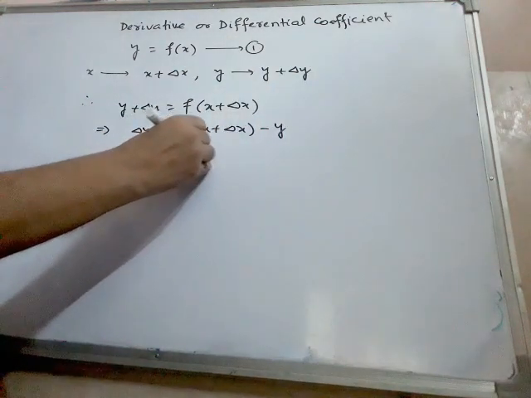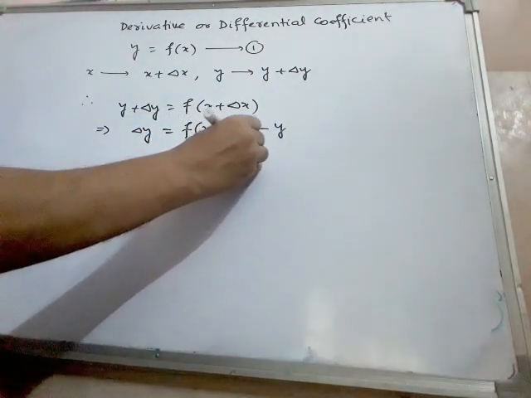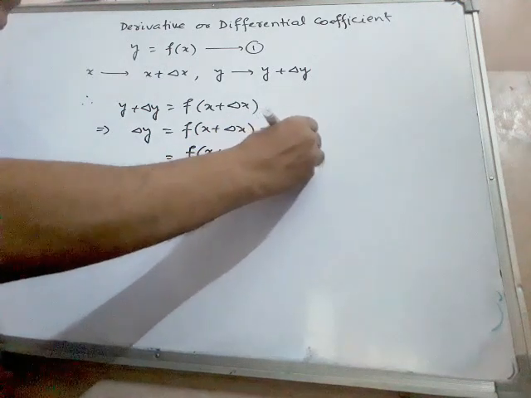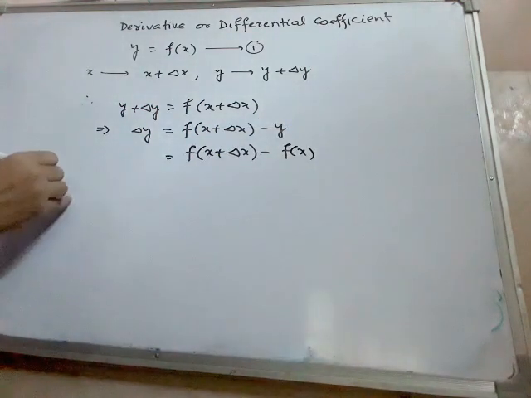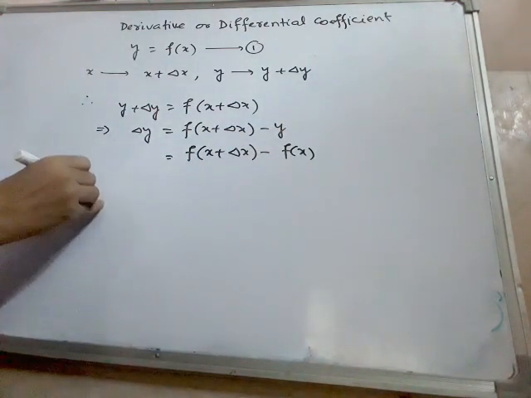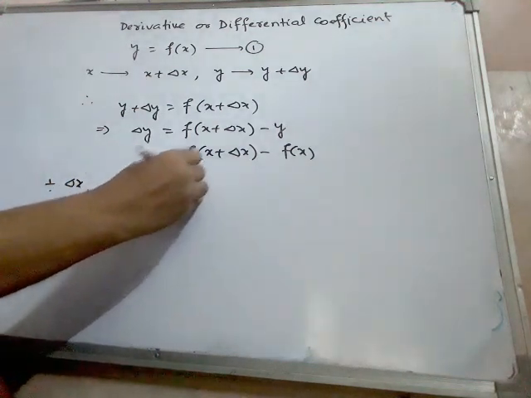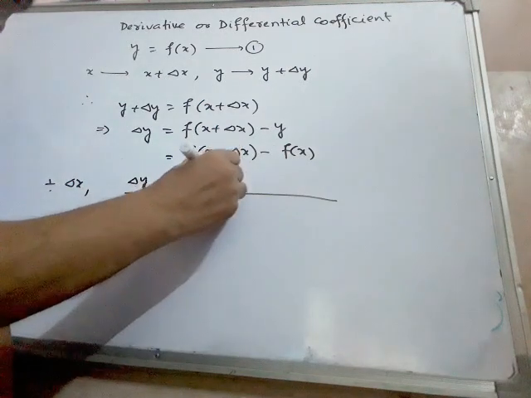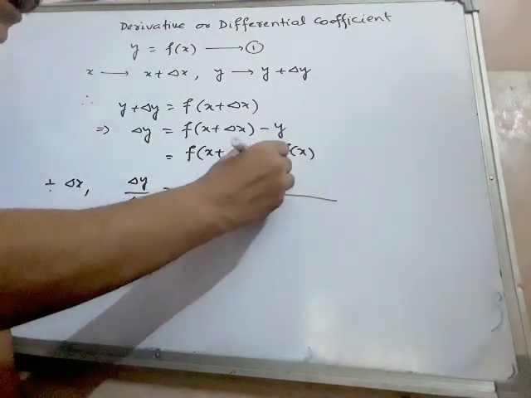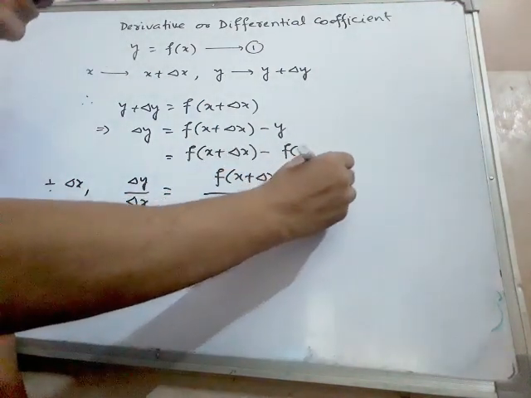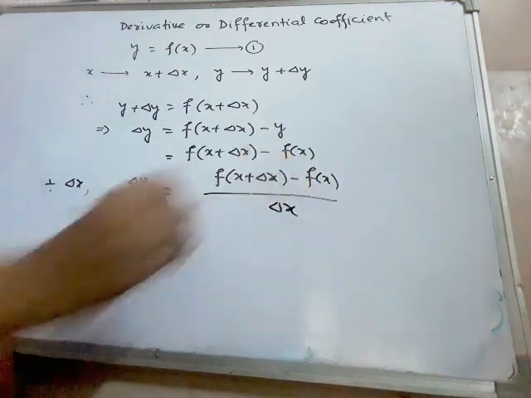Further we can write f(x plus delta x) minus f(x). Dividing both sides by delta x, we get delta y by delta x equal to f(x plus delta x) minus f(x) by delta x.